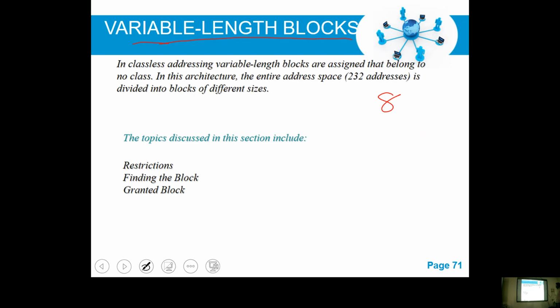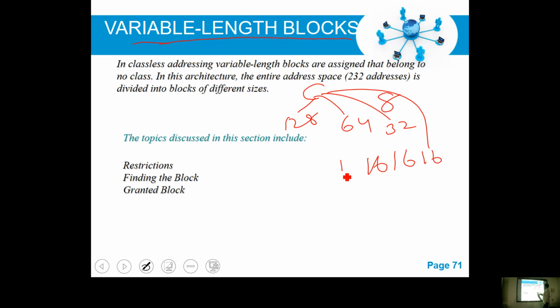But when we go with variable length blocks, when I consider class C, I can have one group having 128 addresses, another with 64, another with 32, another I can have 16, 16, 16, 16. Does it make sense? I can have just two 16s. I might be interested in something like this.